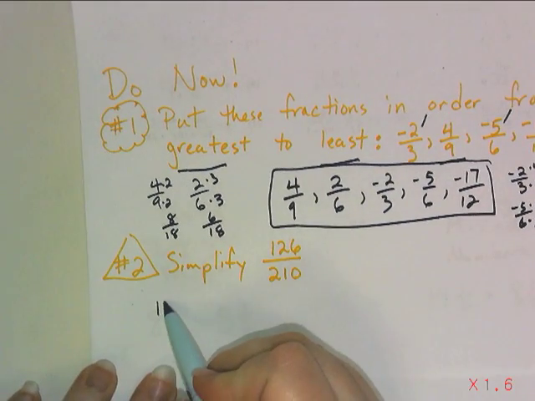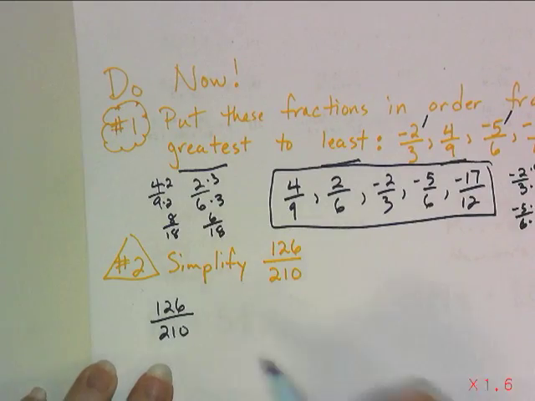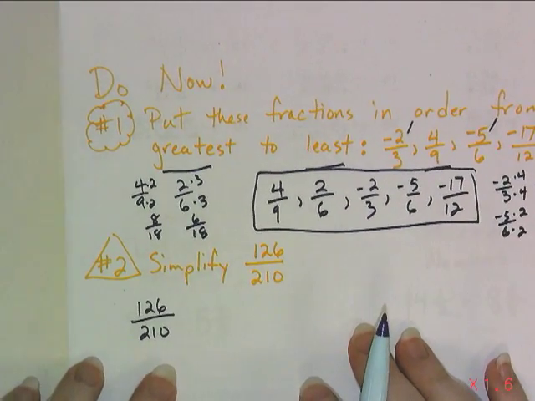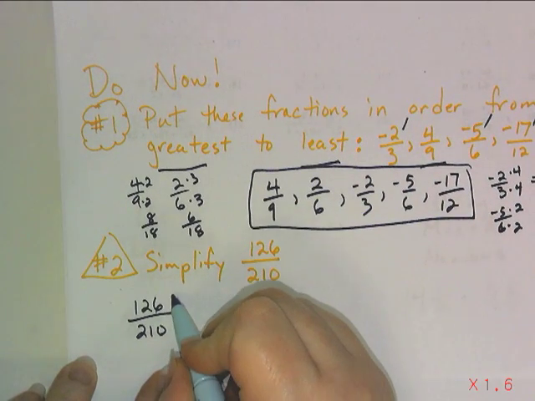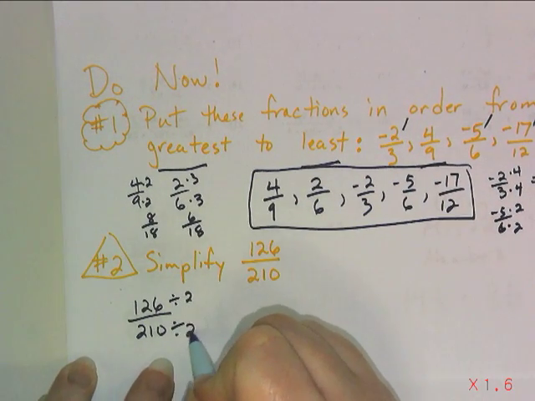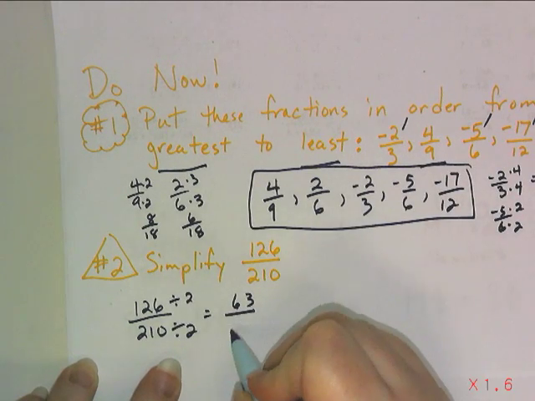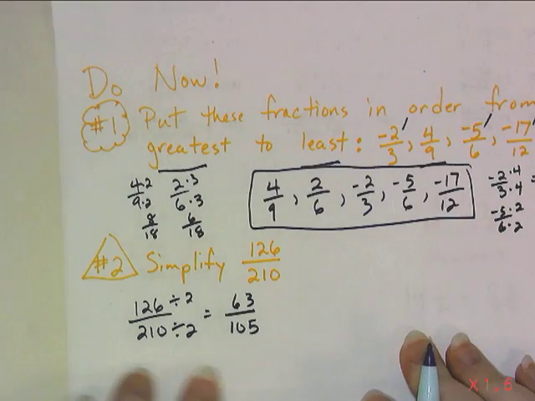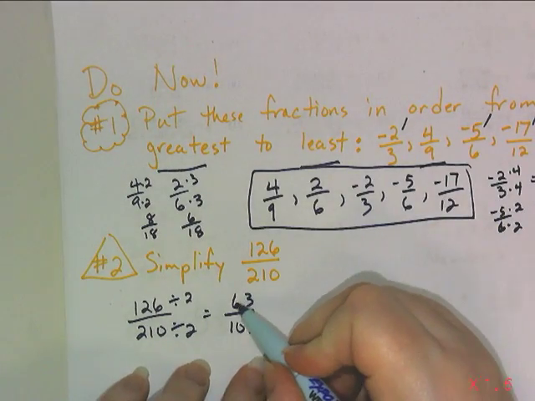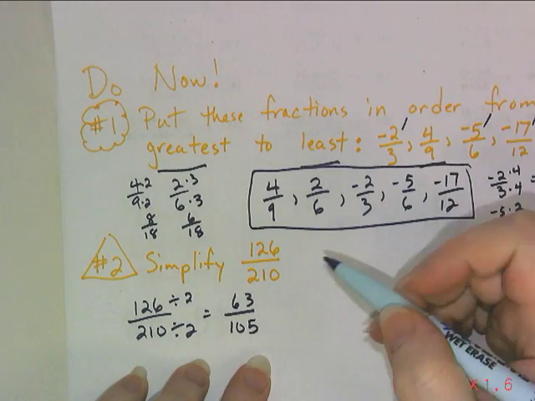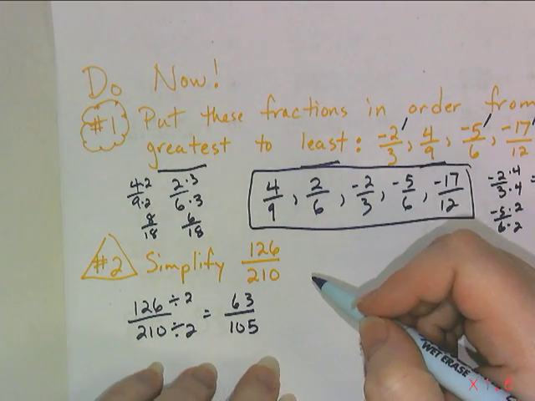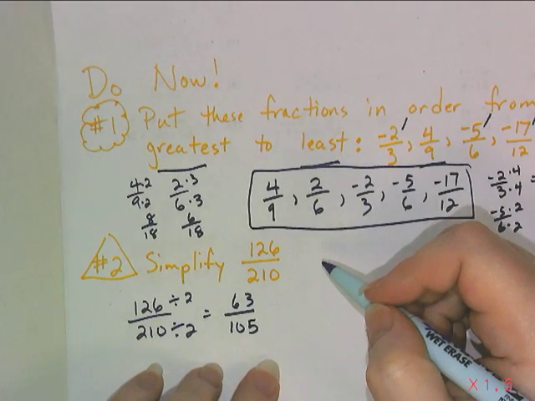As I simplify 126 over 210, I start to look for common factors. I notice that these are both even. I'm going to start to divide by 2. That gives me 63 over 105. Now, if you don't know the shortcut, if I can add the digits of a number together and the total I get is a multiple of 3, then the original number is a multiple of 3.